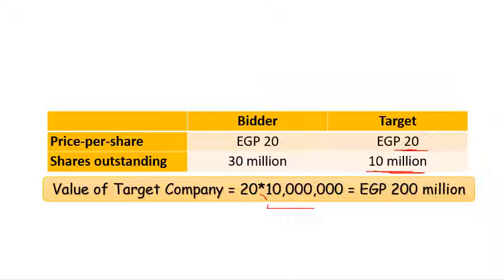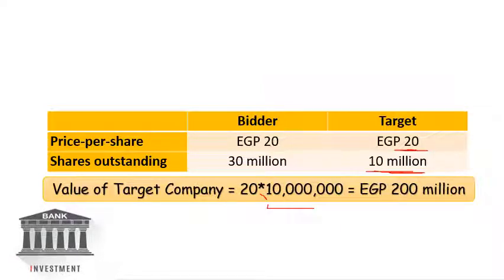The issue now is how to pay the 200 million Egyptian pounds. The investment bank can advise the bidder or the acquiring company to use a stock swap. How?